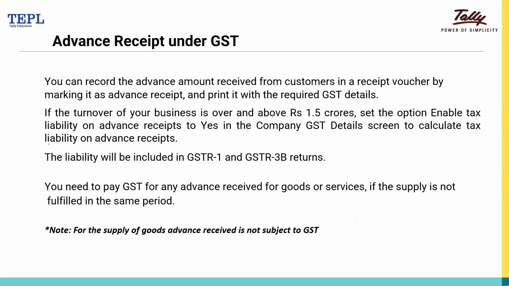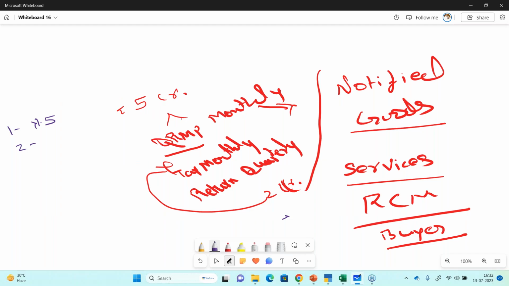Second clause is if you supply any services, not goods. Advance is applicable only on services, not goods. If your turnover is greater than 1.5 crore and you are a service provider, and you receive any advance, then you need to calculate GST on the advance receipt.